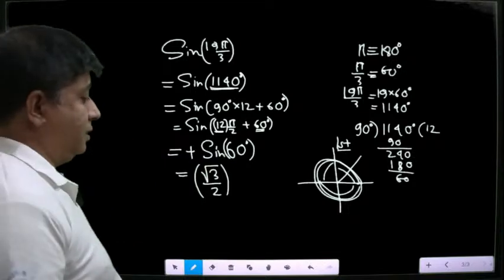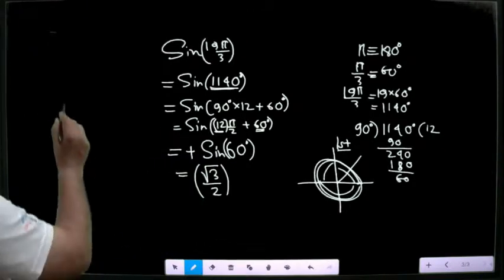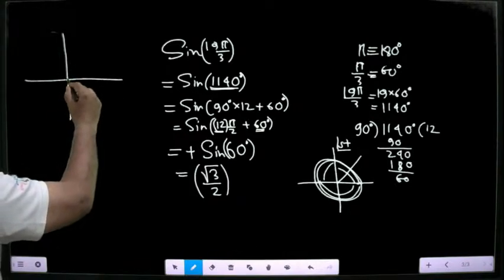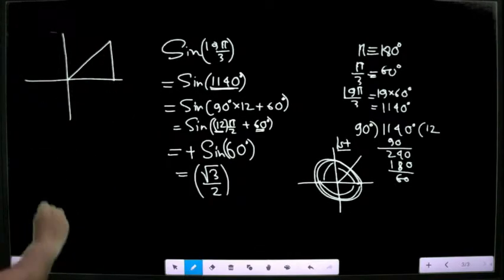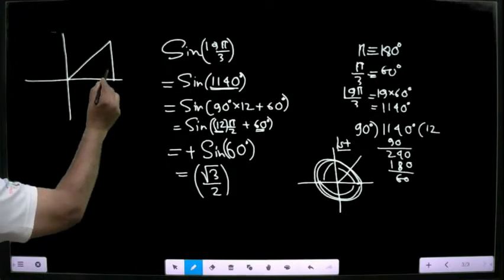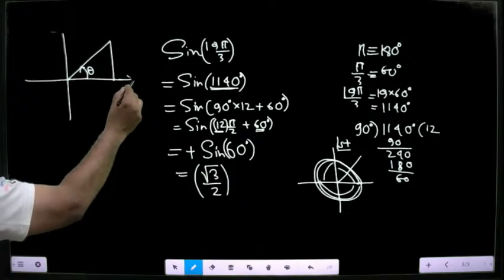Now the question is, suppose you are getting a figure like this. This angle is theta. Theta is rotated anti-clockwise. This is the axis.